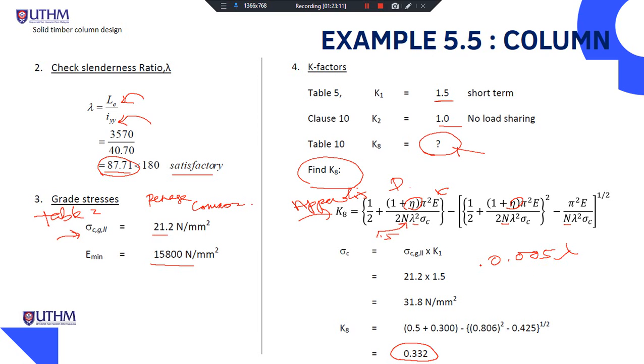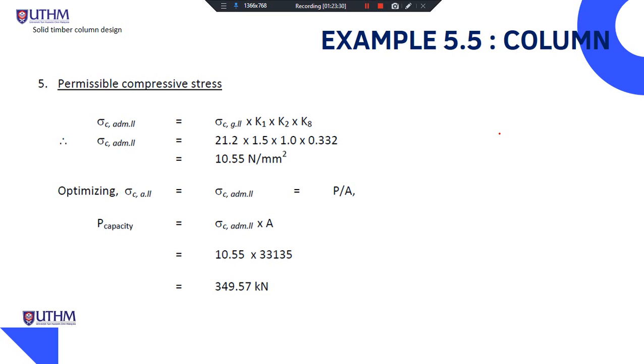Our compression stress here is equal to compression parallel to grain multiplied with the K1, and we get the KH equal to 0.332, and we substitute all these values into this equation.